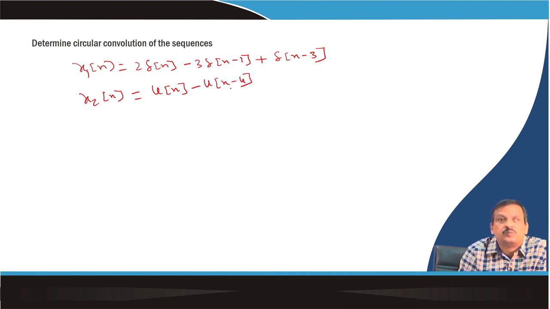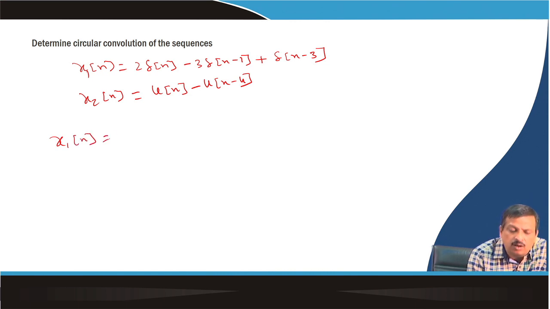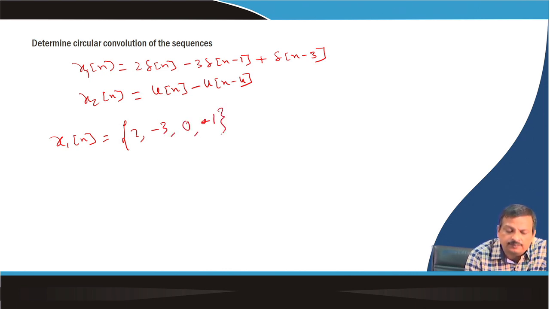Now, first I determine the signals. What is x1 of n? x1 is nothing but 2, minus 3, 0, 1, and here is the 0th point. And what is x2 of n?